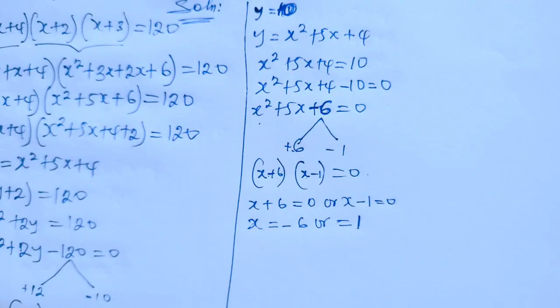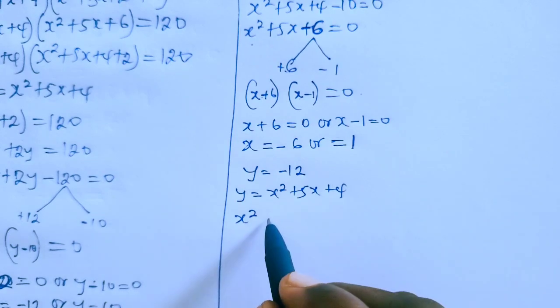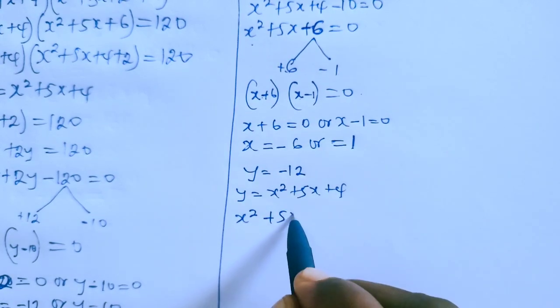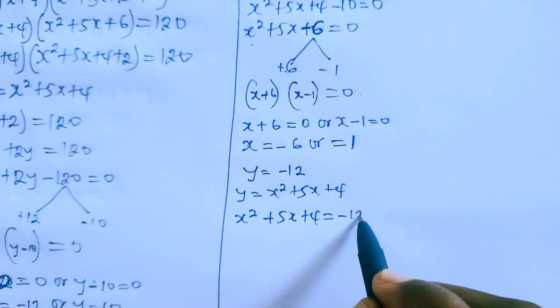In case 2, when y equals minus 12, and we have that y equals x squared plus 5x plus 4, when I substitute this value, we have x squared plus 5x plus 4 equals minus 12.